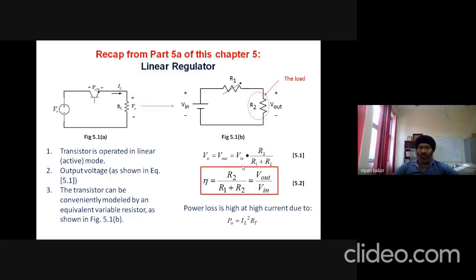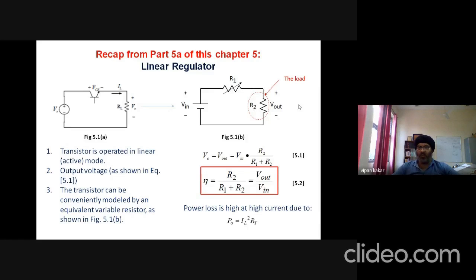But what is the main problem associated with this type of linear regulator? Before going into the problem, we can see from here that it's simply a voltage divider. And in a voltage divider, we know that the input voltage is divided across two resistances, R1 and R2, depending upon the values of these resistances.